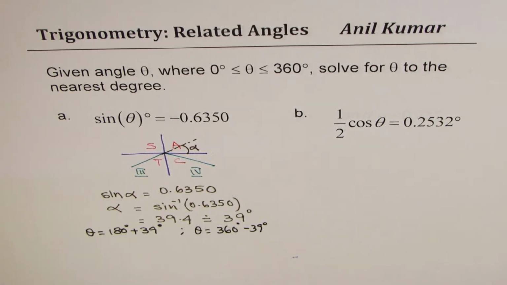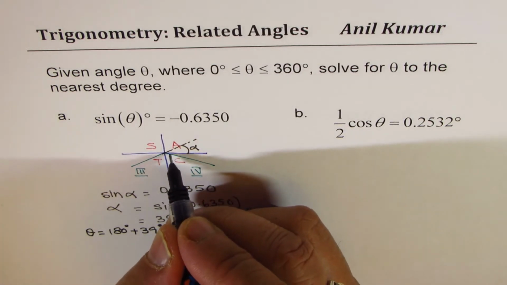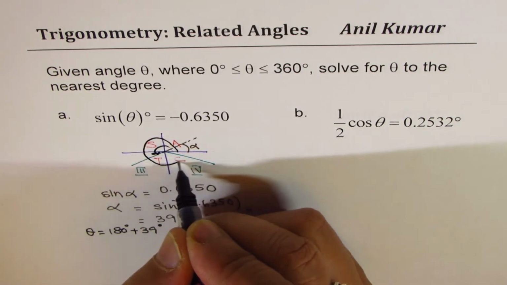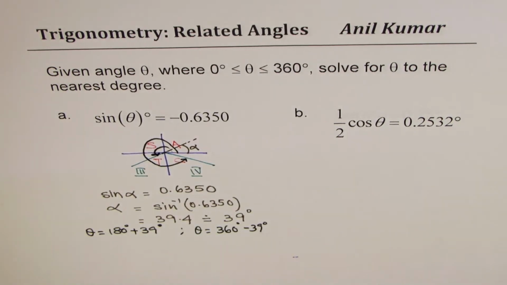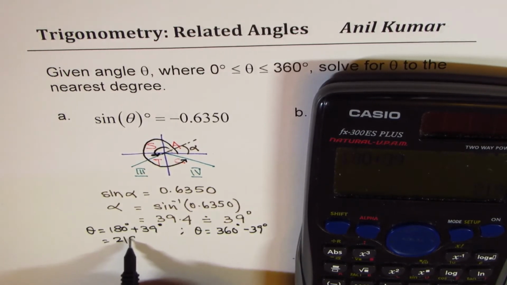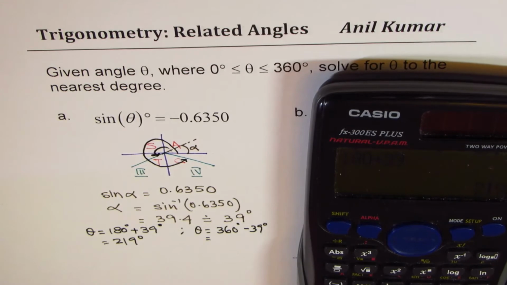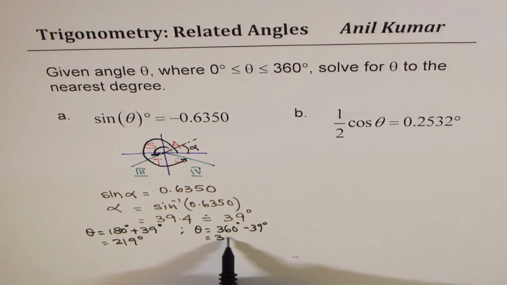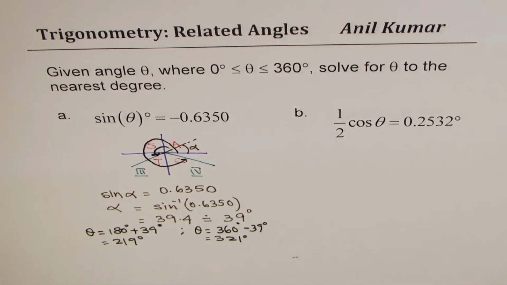One of the angles is the smaller angle in quadrant 3, and the other is the bigger angle in quadrant 4. Perfect. So let's do that. 180 plus 39 results in 219 degrees. The other one is 360 minus 39, which results in 321. So those are the two answers.